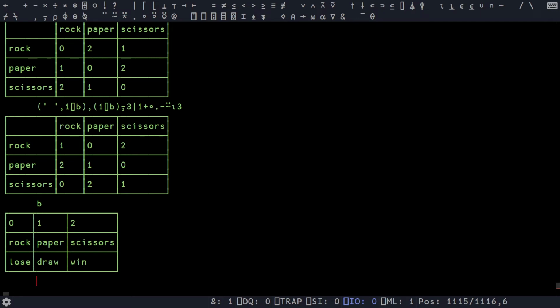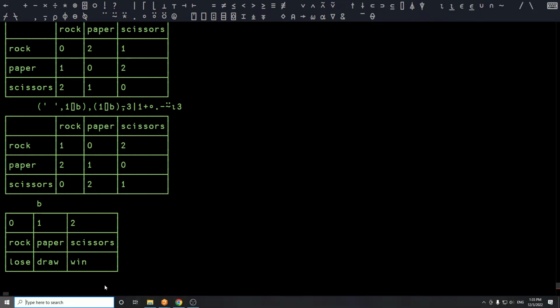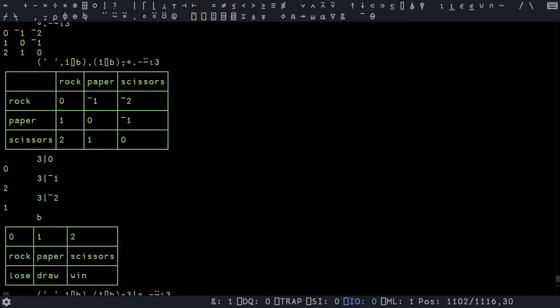You can look at the same values for paper and scissors. The way to think about this is basically we're looking at the difference between our moves and their moves mod 3, and we're just adding 1.